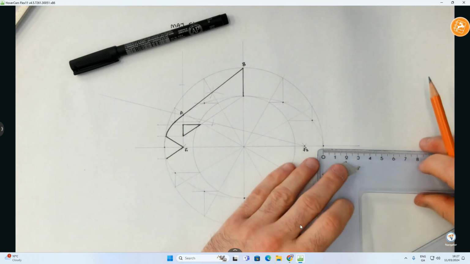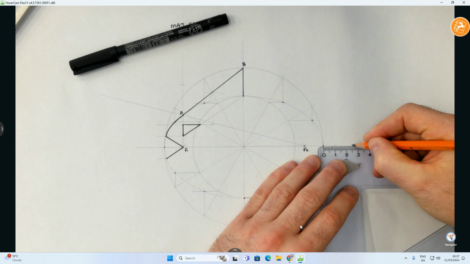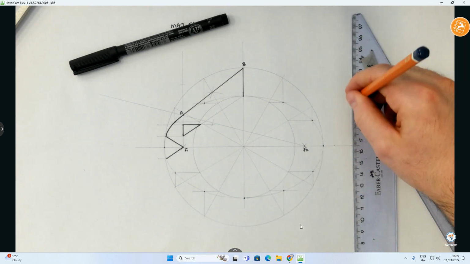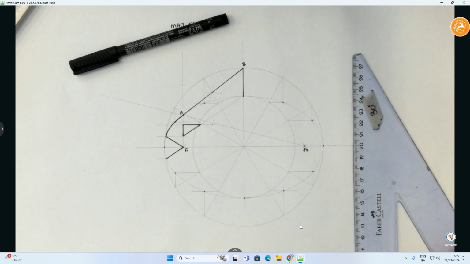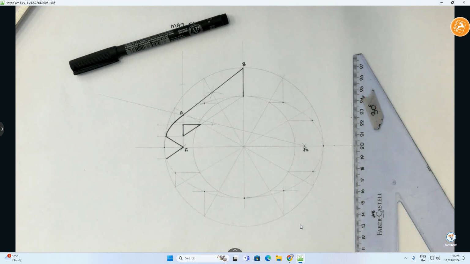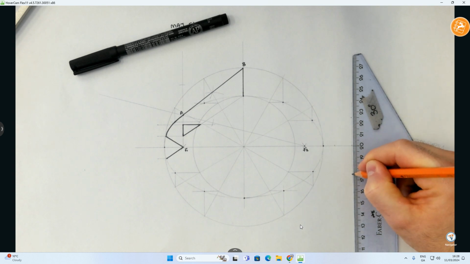So from the side of the ellipse, I'm going to measure out 10 plus another 15. And from that point there, I'm going to do a line up and down. And I'm going to measure from the 20 up 25. So from 20, that'll be to 22.5 for me. And then down 25.